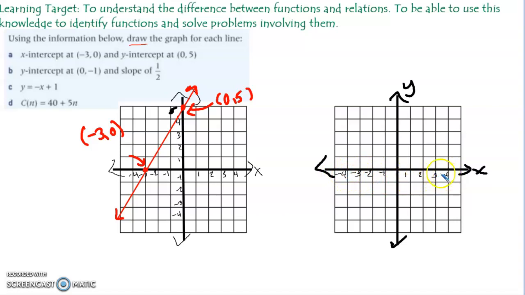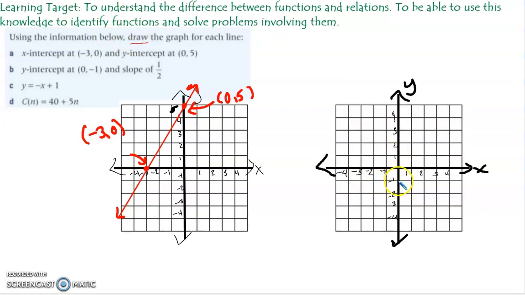I'll do it very quickly here just to save us some time. Okay. So I will place a point at -1. Oh, sorry. My mistake. I'm going to place the -1 here as a y-intercept.